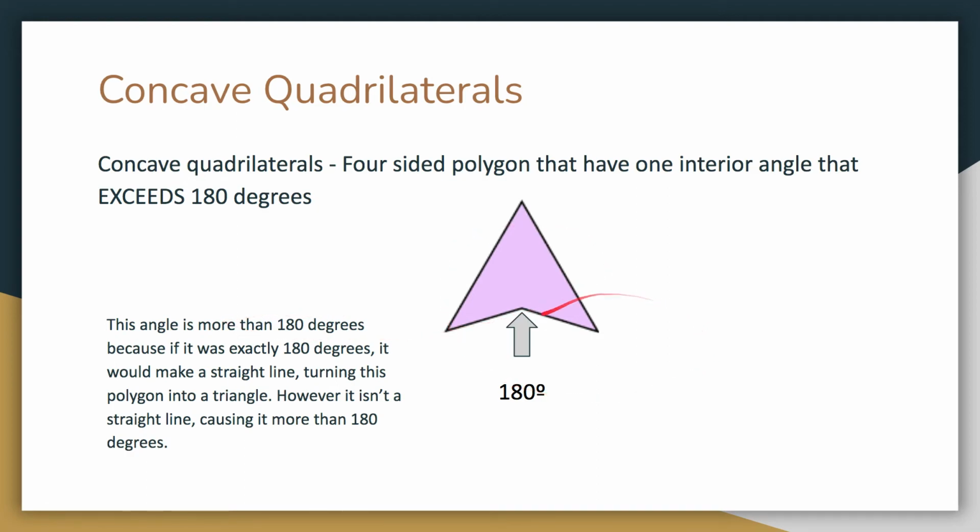This angle right here is more than 180 degrees because if it was exactly 180 degrees, it would make a straight line, turning this polygon into a triangle. However, this angle isn't a straight line, causing it to be more than 180 degrees. That is why this quadrilateral is concave, because it has more than 180 degrees.